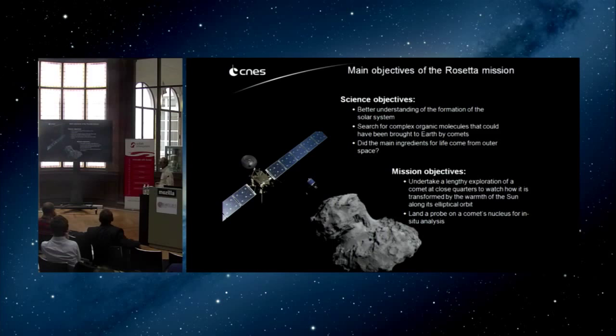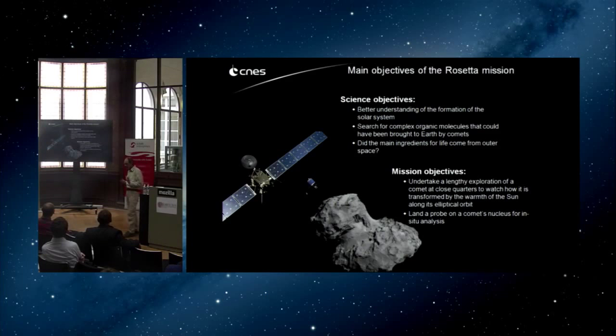So from the science mission, we can derive some mission objectives. The mission objective is to put a probe next to a comet and to be able to study this comet during a length of time which is long enough to do a lot of measurements.